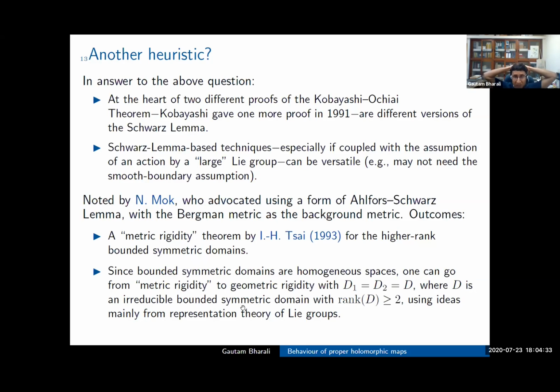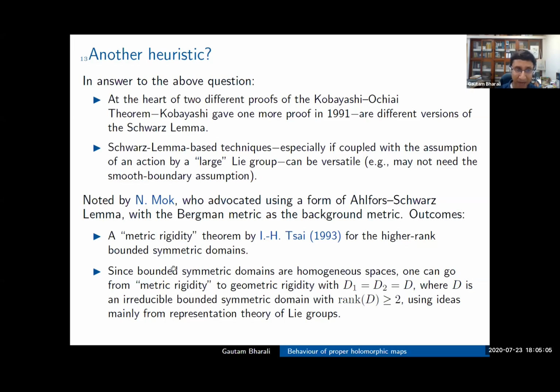Since bounded symmetric domains are homogeneous spaces, one can, from Tsai's theorem, which is a metric rigidity theorem, go to a geometric rigidity theorem. Some of my blanket hypotheses remain intact. For the rigidity phenomenon, D1 is assumed to be equal to D2, but higher rank bounded symmetric domains in no way, shape, or form have smooth boundary.